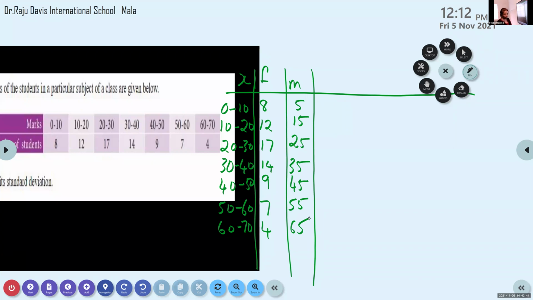Now in this one we have taken the assumed mean, that is 35. Now find the next column, that is D. What is D?